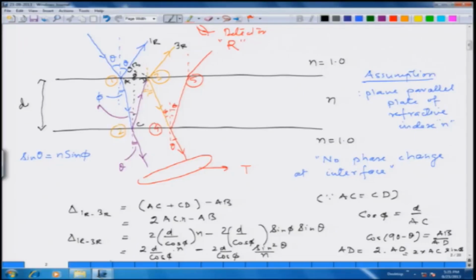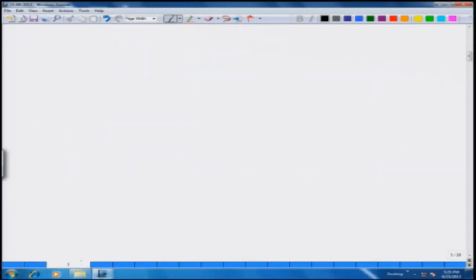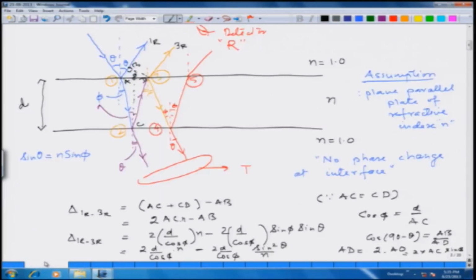So, the path difference then comes out to be, for any consecutive rays, n times 2d cos phi. This can be easily seen here, that the path difference between 1 and 3 and the path difference between 2 and 4 is the same.